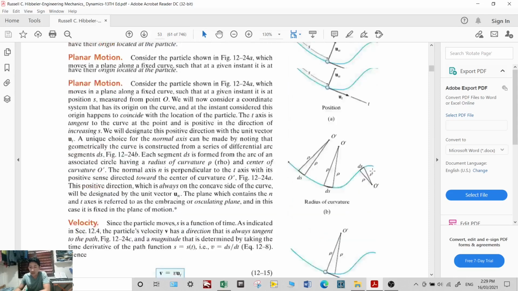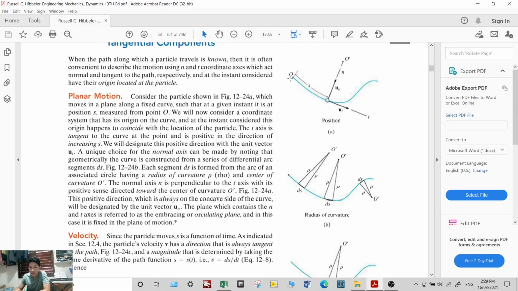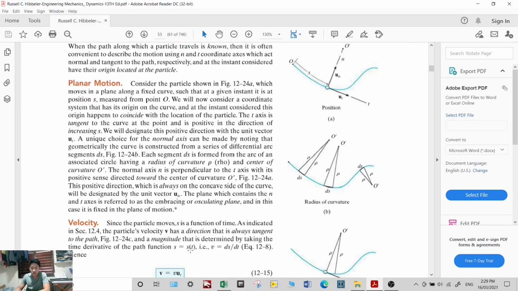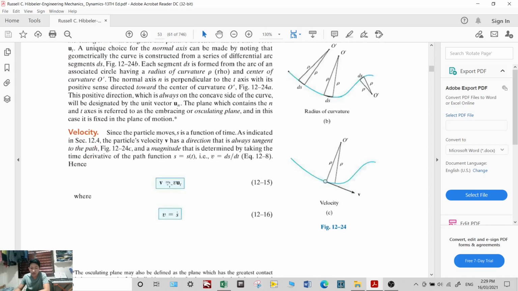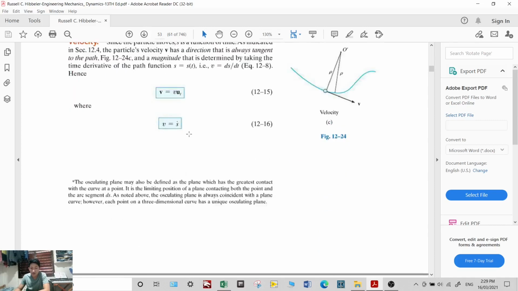By the way, in this part your S would be a function of time. You'll have an equation that looks like this. Since this is a function of time, if you differentiate that, you will get the instantaneous velocity.